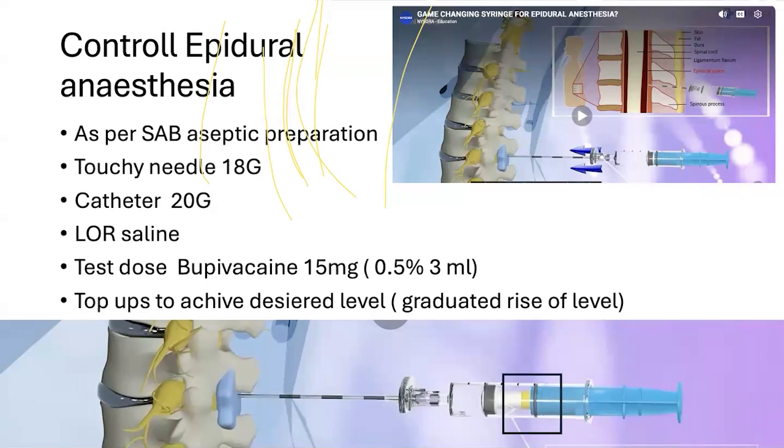Now, recently I read an update, and there is a new syringe. This is called a smart syringe to identify the epidural space. So when you push this syringe continuously in, immediately when it reaches the epidural space, the plunger goes in and there is a yellow color appearing in the piston, which says that we have entered the epidural space.